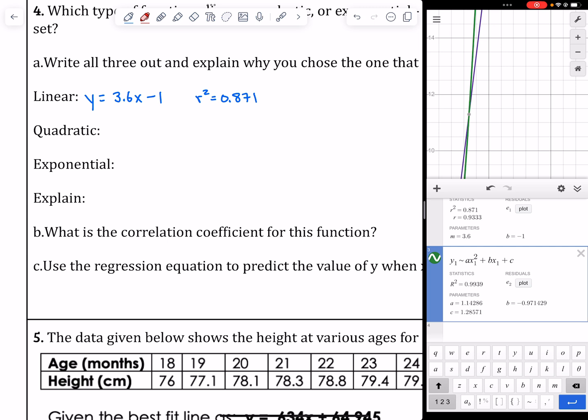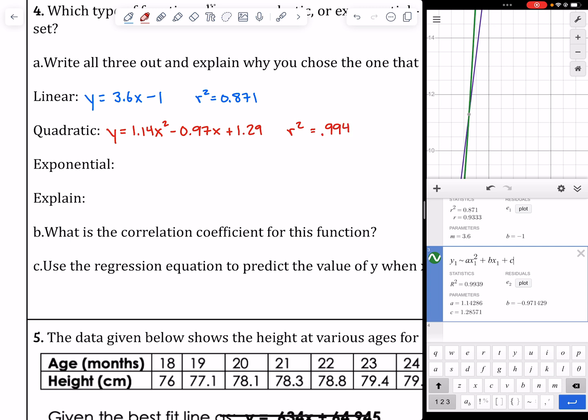Okay, so let's write down quadratic is y equals a, which is like 1.14x squared, minus b, because it's a negative, so 0.97x, plus c, which is 1.29, and then the r square value for this one is 0.994.